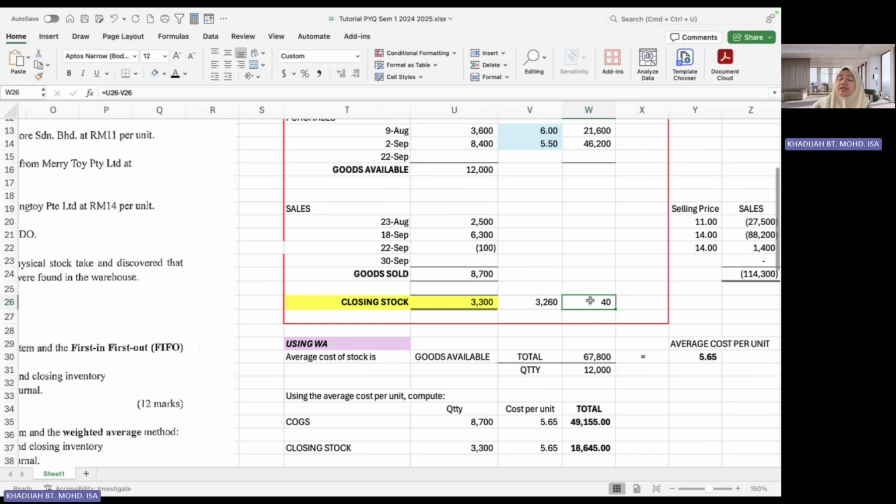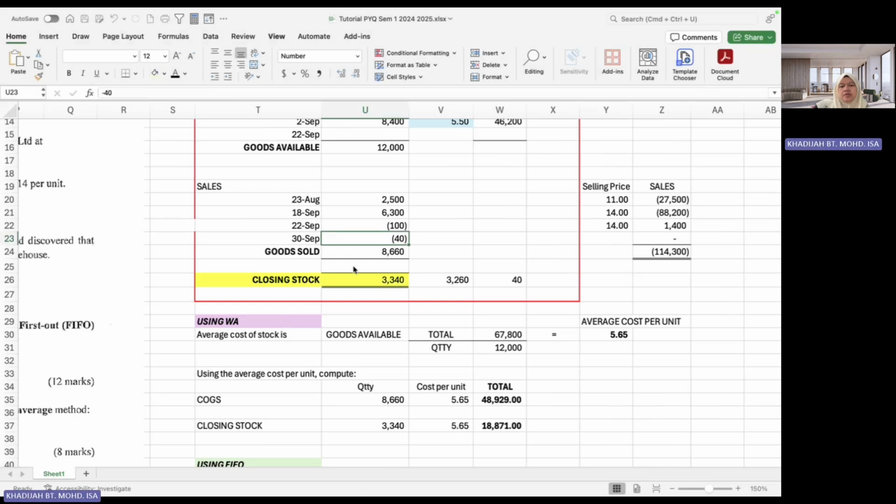So this 40 will be reflected here. Stock loss is treated as if that amount is sold, so your closing stock is reduced as if that amount is sold. That's why your goods sold now increased by 40. So let's not be so confused about that.